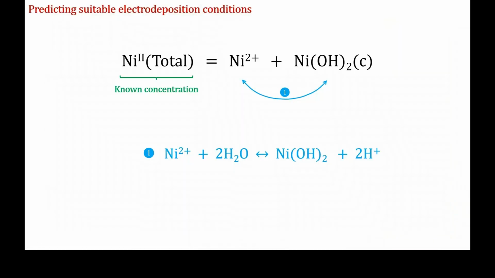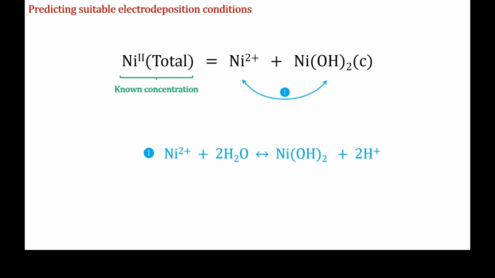If we just forget the complex for a moment and look at these basic two species, nickel 2+ and the other one in the same oxidation state, we know that we have a system where these two species can possibly exist. Now, we want nickel 2+, and I'll show why in a minute, but we need to figure out how this equilibrium between these two species is actually determined.